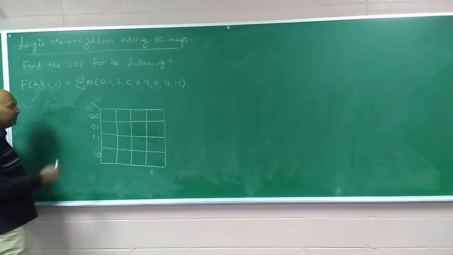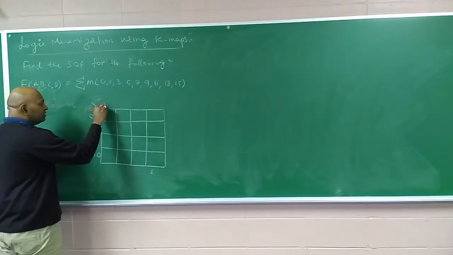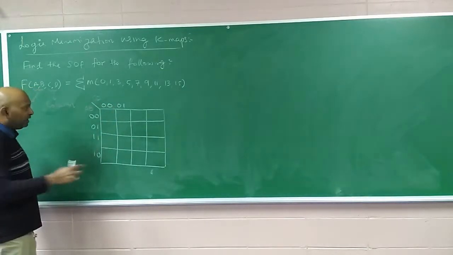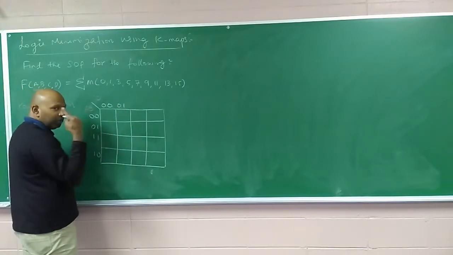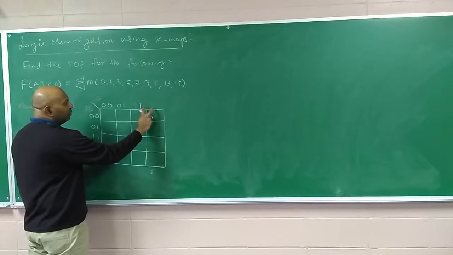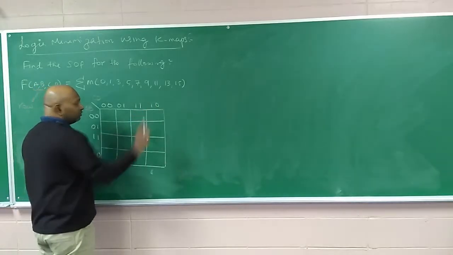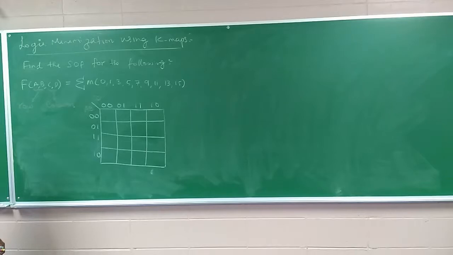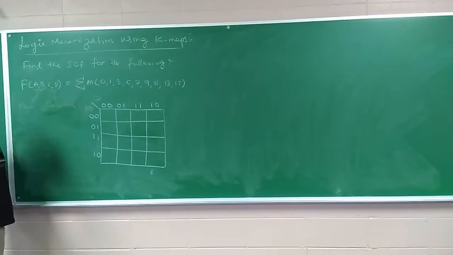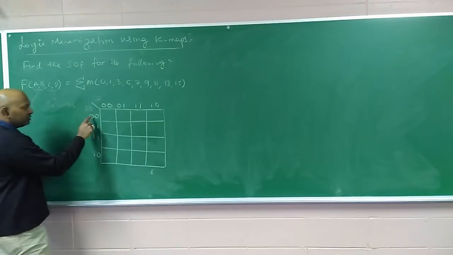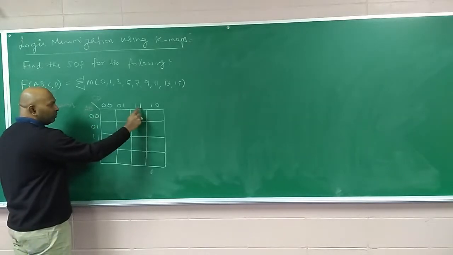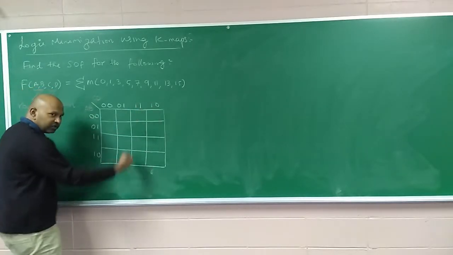I follow a similar argument for the columns. I start with 0, 0, and 1 bit has to change, so 0, 1. Between this column and that column, only 1 bit has to change, so this becomes 1, 1. And again only 1 bit has to change, so this becomes 1, 0. So if you read it in the order A, B, C, D, see what happens: 0, 0, 0, 0, 0, 0, 0, 1, 0, 0, 1, 1, 0, 0, 1, 0, and so forth.